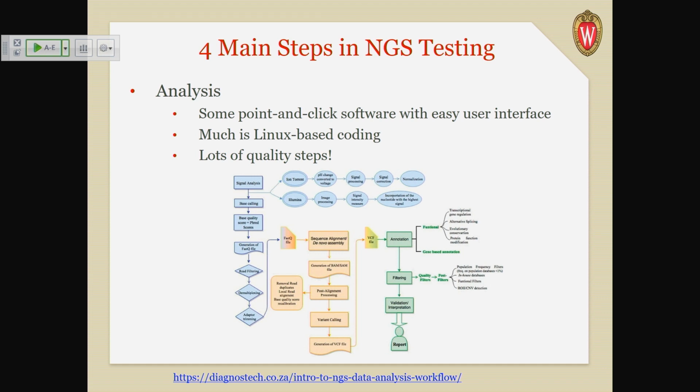And many state public health labs have also really boosted up their bioinformatics team. And there's lots of different quality steps. I've just thrown up one particular workflow here. Generally, they look kind of similar to this. And a lot of them are different checkpoints along the way to make sure that the data is quality, that the assembly is good quality, that every analysis along the way, there's a lot of different quality checks.